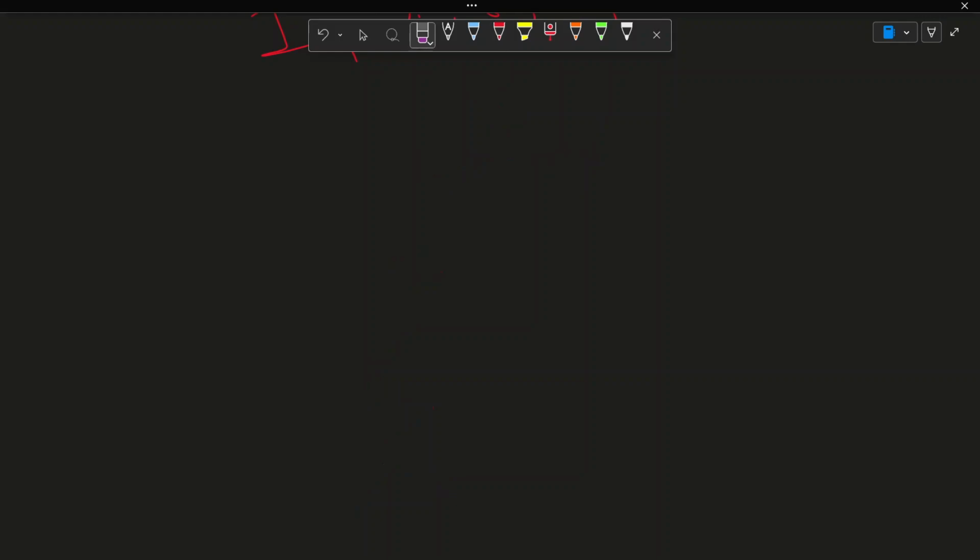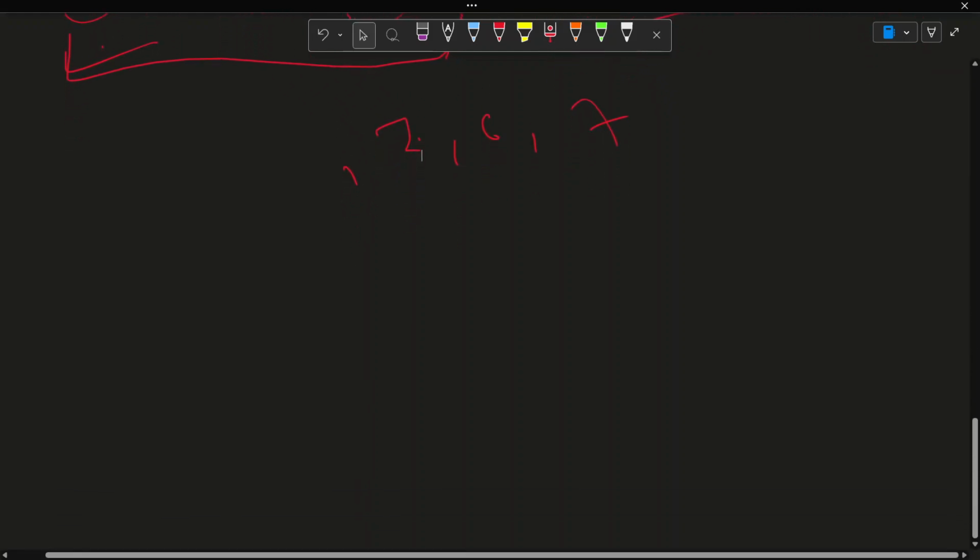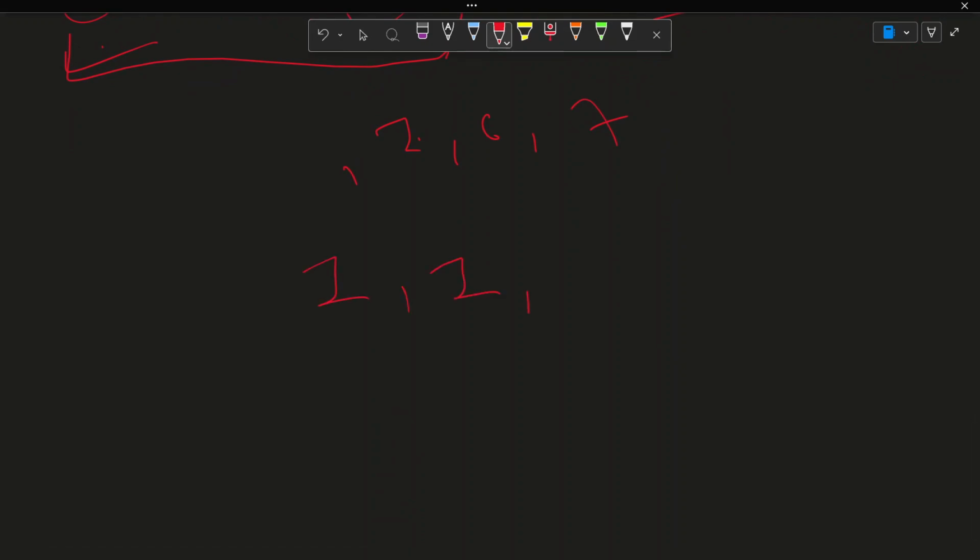But here you can see again, 1 1 6 7, many values are repeated, means they have more than one frequency.